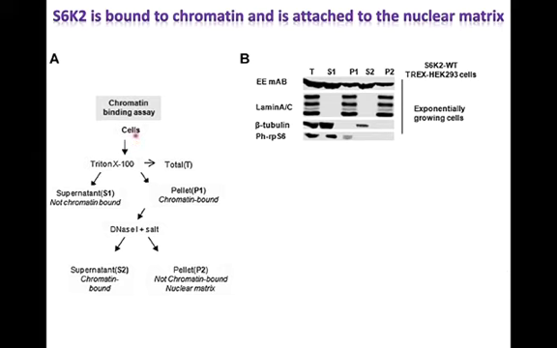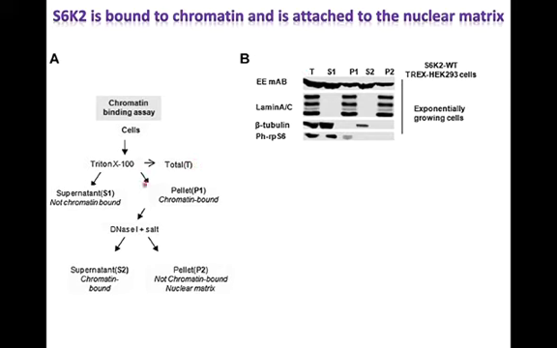So you bring the cells and you use Triton X-100. Triton X is a detergent. You will get a total lysate of the total components of the cells, and this is represented by T.